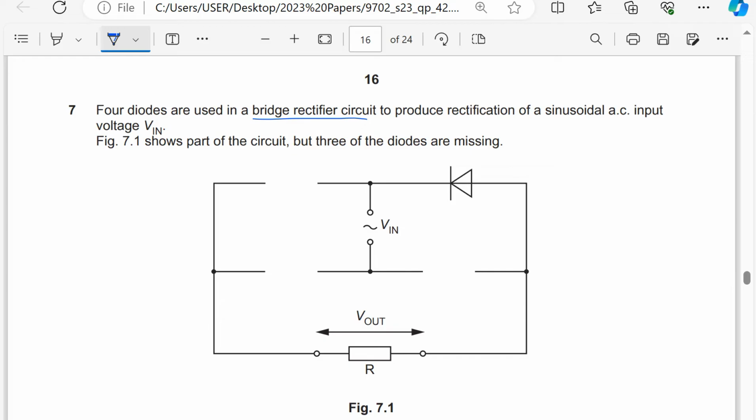Of course, one thing we need to notice is that if we remember a diamond bridge, if I consider this diagonal here, it means this diode should point in the same direction as this diode here.